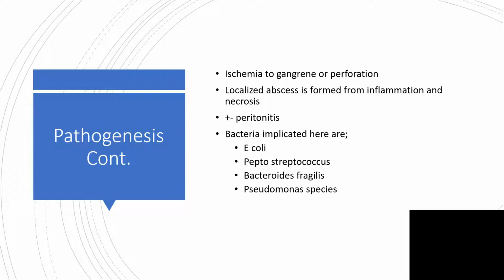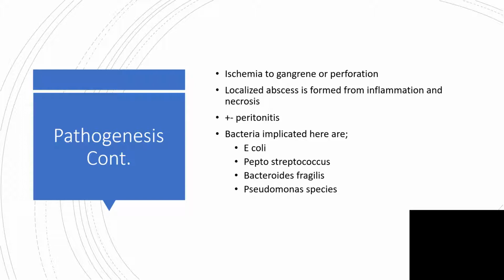Ischemia will lead to gangrene or perforation. A localized abscess is formed from inflammation, and necrosis will ensue. To those who have perforation, peritonitis will be the result.